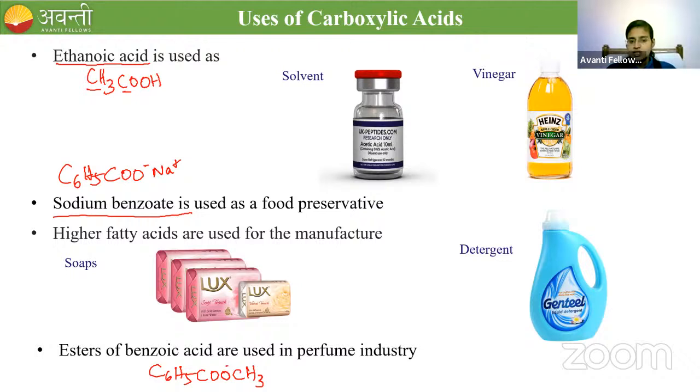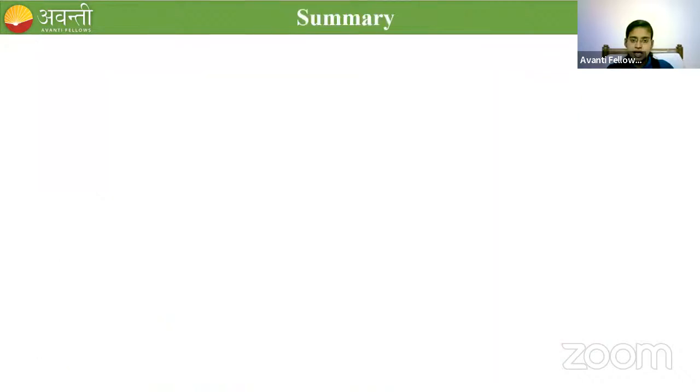So the esters of benzoic acids are used in perfume industry. The esters are the compounds which have mainly a good smell. Okay, the good smelling compounds are called esters. So that's why it is used in the perfumery industry. All right, so these are the uses of carboxylic acids.